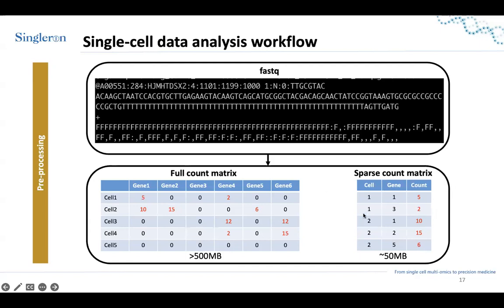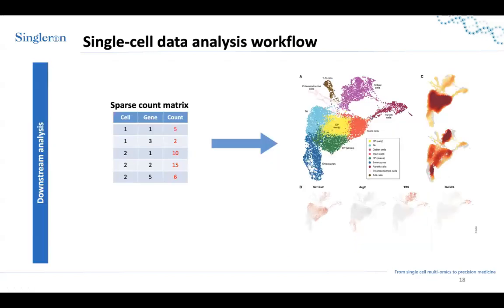So yeah, it saves you a lot of memory. So this was for the pre-processing part. And now you have the count matrix, whether it is a full matrix or a sparse count matrix, it doesn't really matter. As I said, it's just to save memory, but working with both is okay.